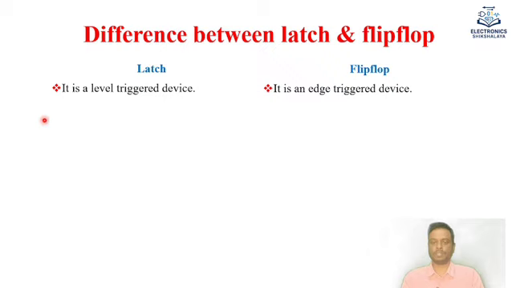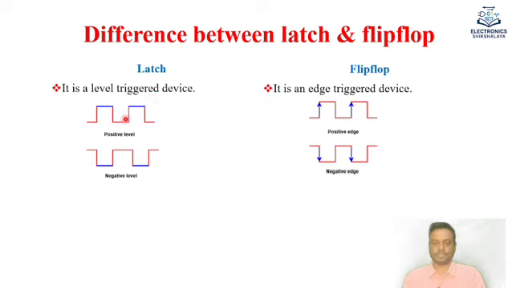So again, latches are level triggered devices, and flip flops are edge triggered devices. So what is level triggered and what is edge triggered? You can see, this is the level triggered device. Level triggered means, as you can see, this is the positive level. Latches can change state whenever there is a level, which is binary, meaning 1 or 0.